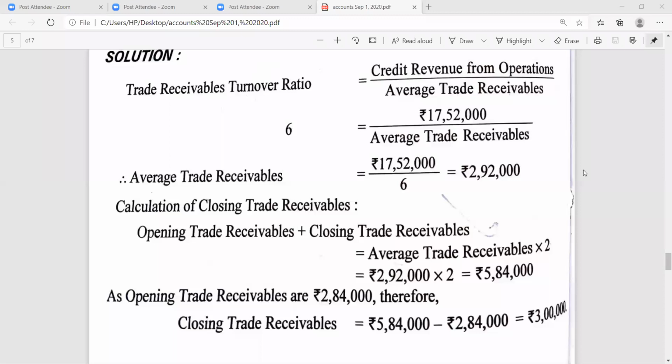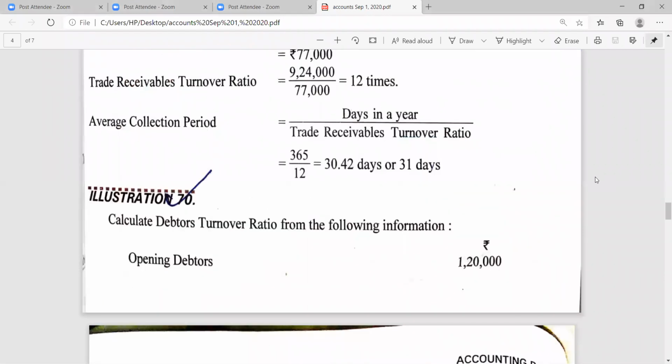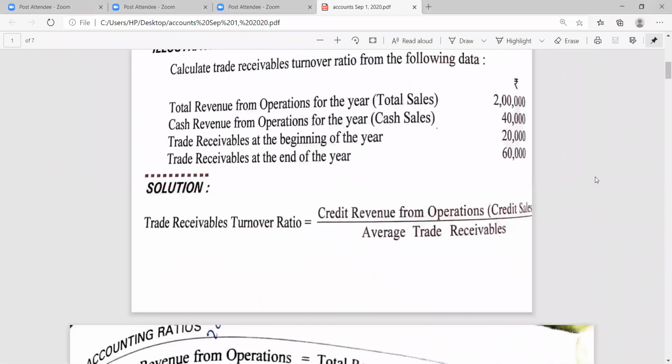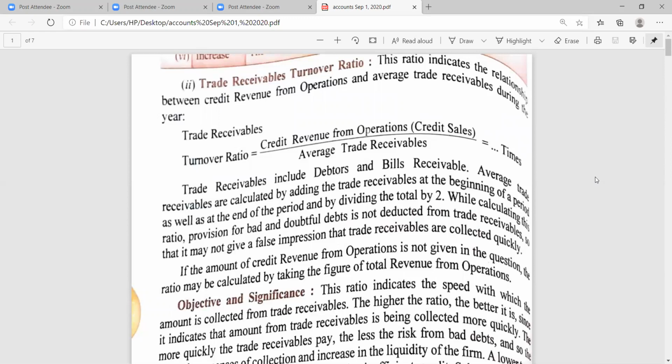Let's come back to the topic, and whatever we have done, let's recall at a glance. We started today with trade receivable turnover ratio. It is to be calculated by putting the values credit revenue from operation, that is credit sales, upon average trade receivable, and the result is shown in times.